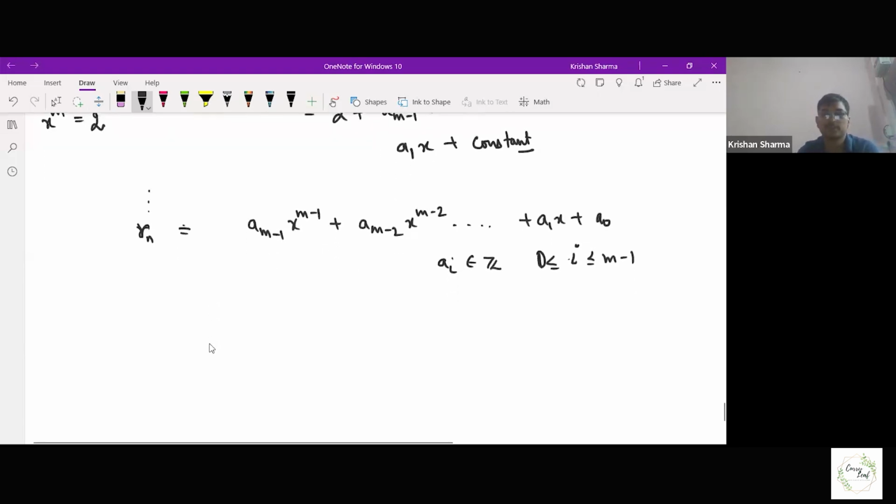Now again the trick is the same. We assume x is rational, and x is equal to p upon q, and then Rn will be bn upon q raised to power m minus 1, and you can apply the same thing.